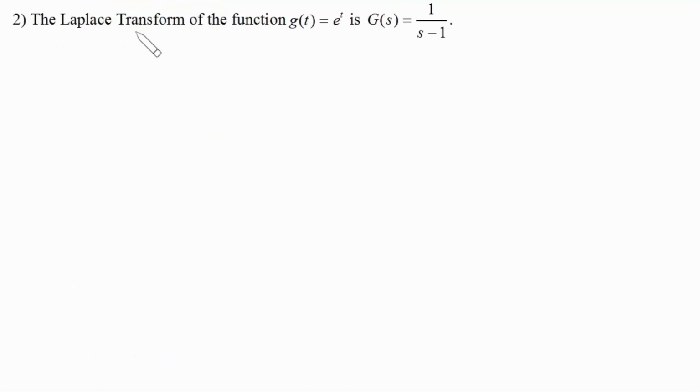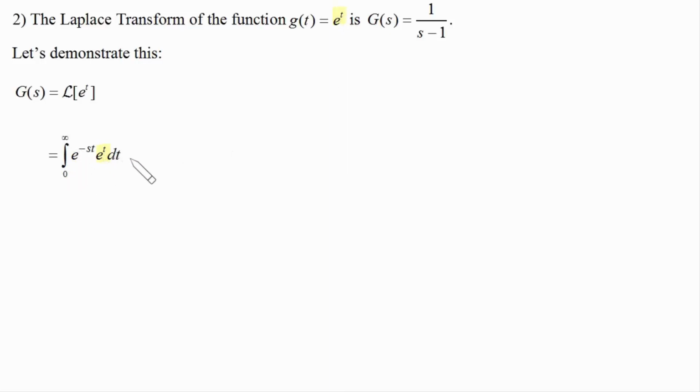In our second example, we'll show that the Laplace transform of the function e to the t, the exponential function, is 1 over s minus 1. So let me demonstrate this. G of s is the Laplace transform of the function e to the t. And if you look at the definition, everything's the same except this part, which is where we put our particular function, little g.